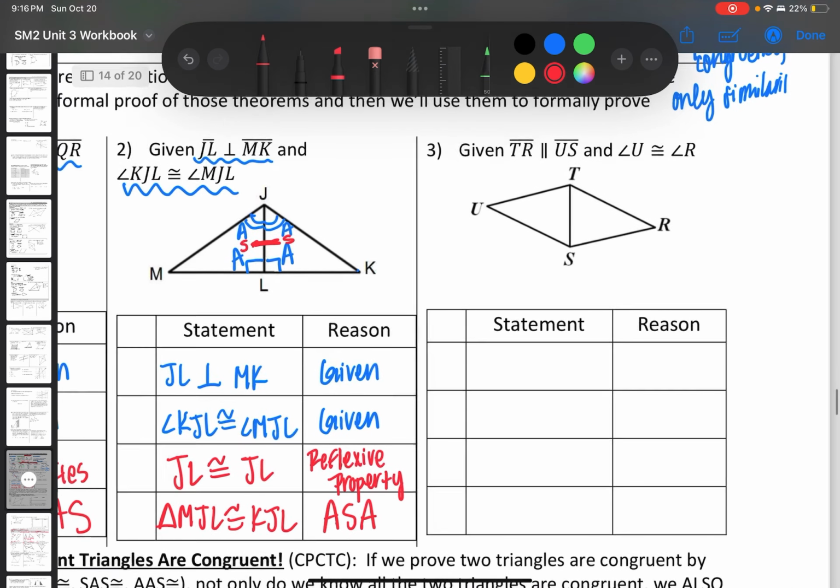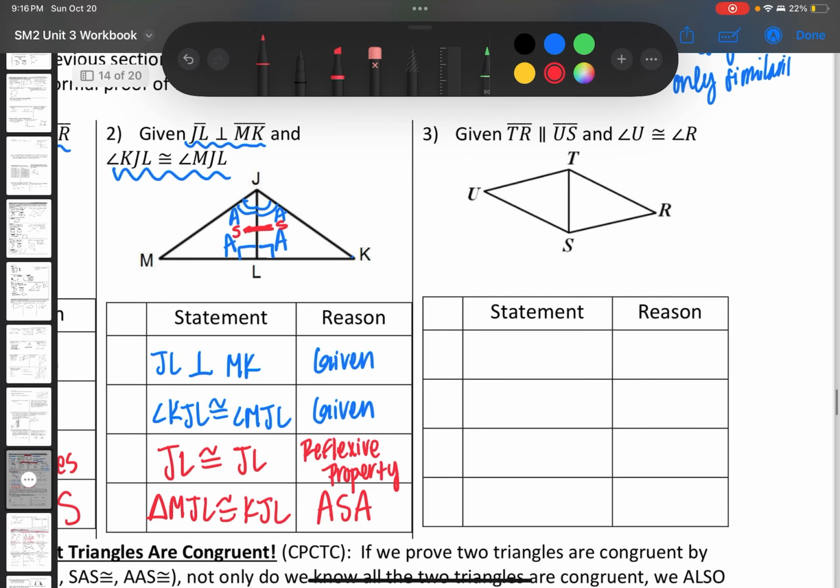So let's move on to number 3. New proof. Again, start with what's given. Given that TR is parallel with US. I'm just going to label that here. So TR is just this side right here.